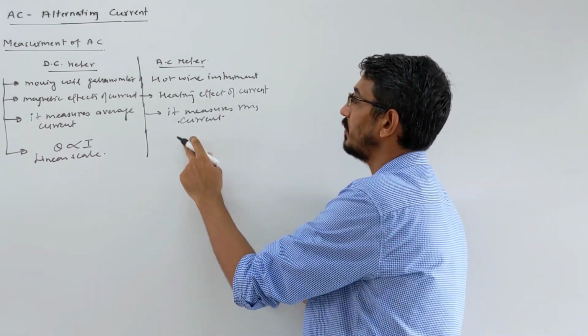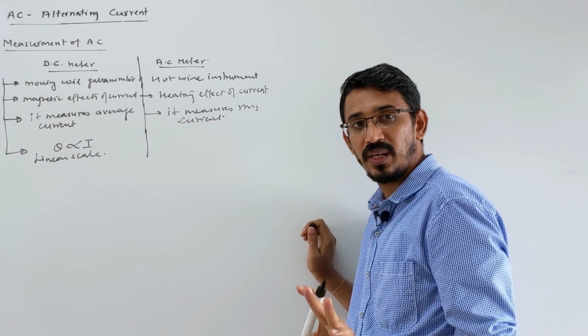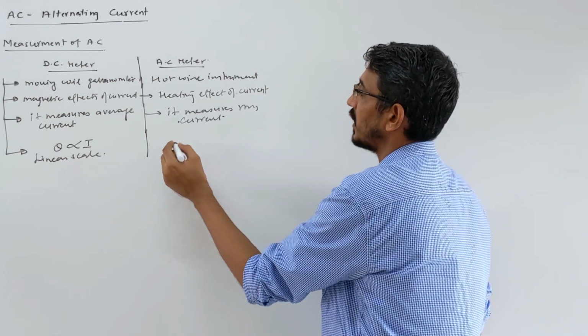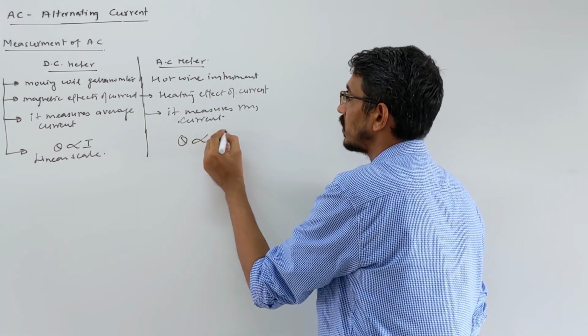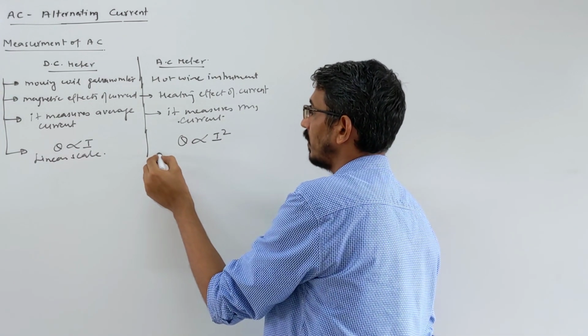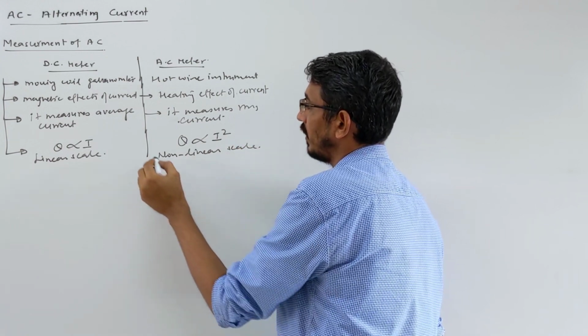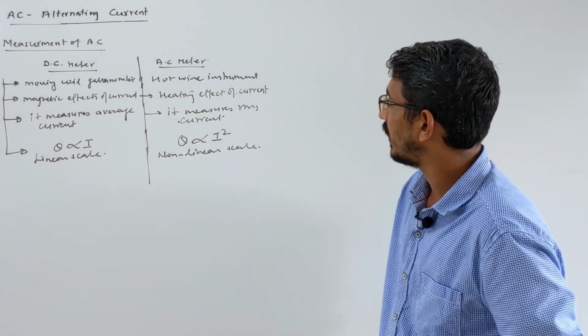But here it works on the heating principle. Heat is directly proportional to I square, current square. So here deflection will be proportional to current square. So here we have a non-linear scale, a varying scale.